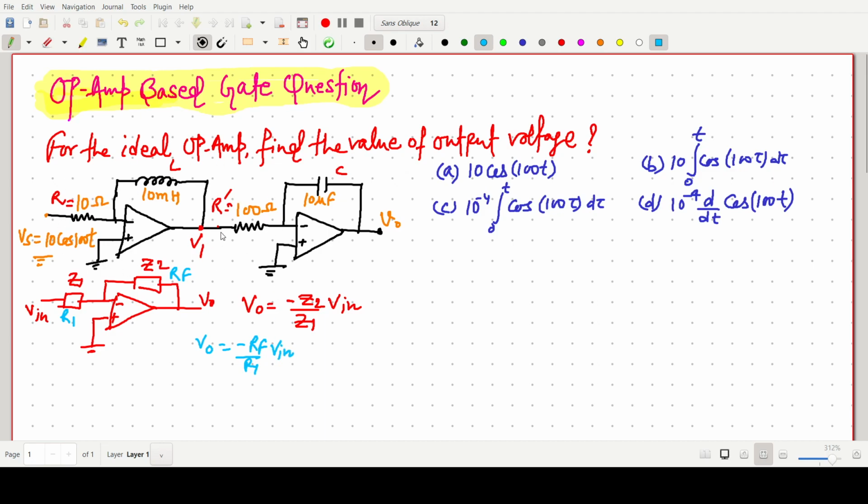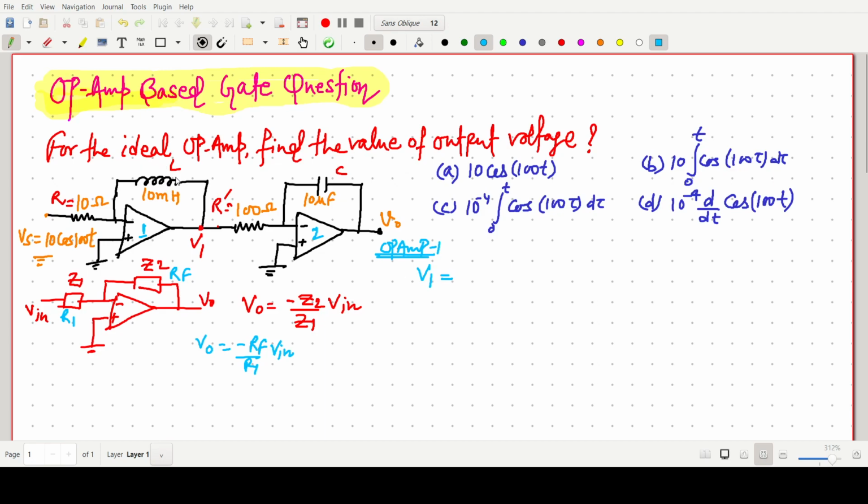So for the first circuit, we can write V1, that is our output V1 for the first op amp. This one is op amp 1 and this one is op amp 2. For op amp 1, V1 should be minus RF by R1.